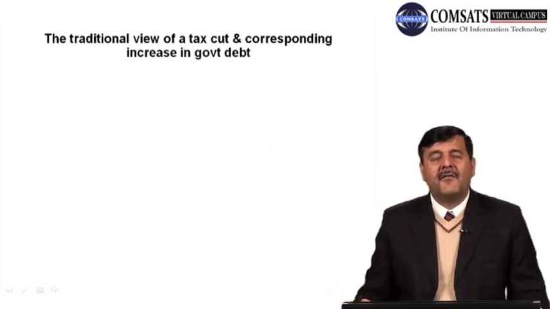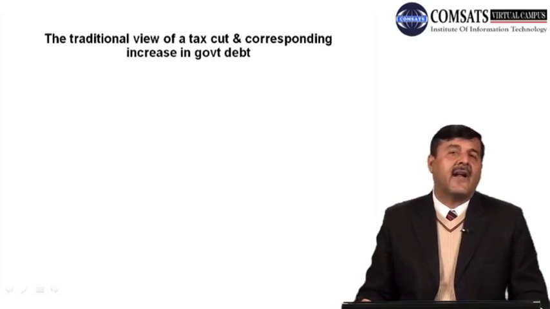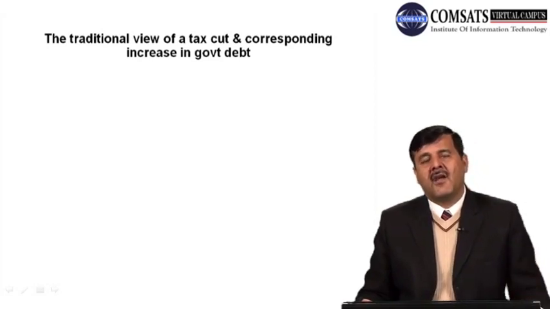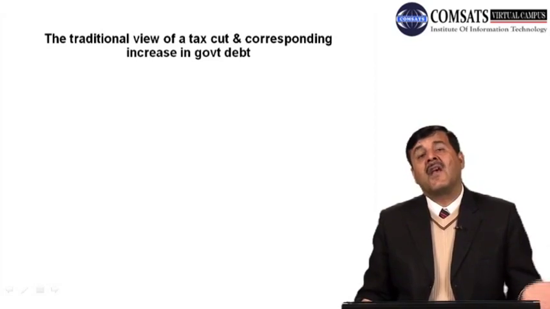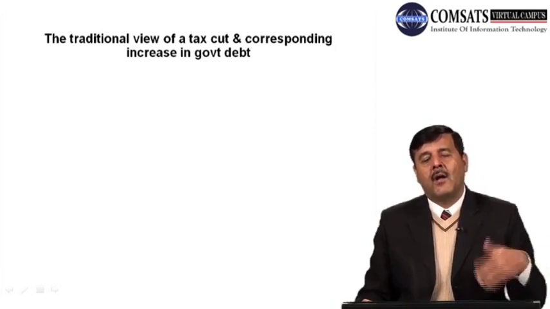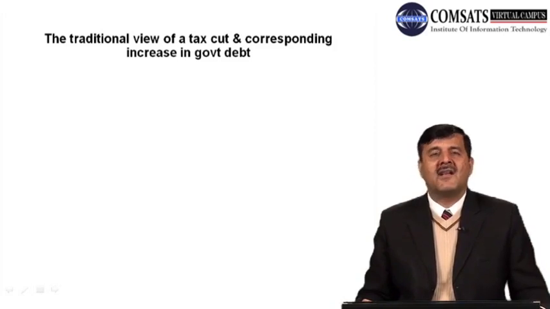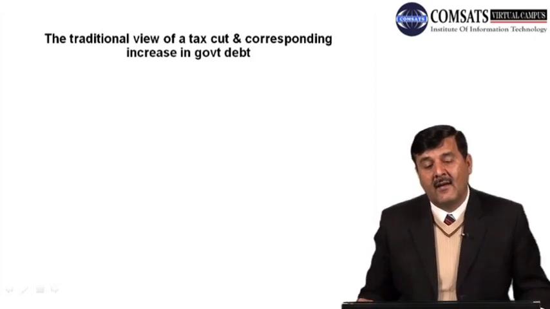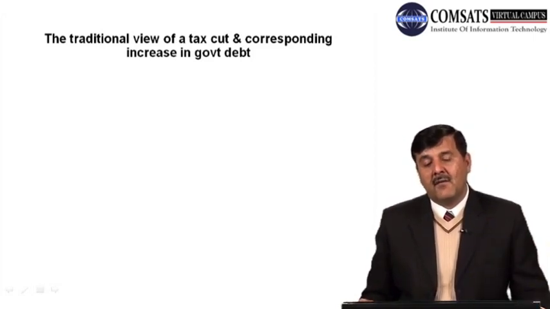The traditional view of a tax cut and a corresponding increase in government debt. So when there is a tax cut in the economy, what happens is that revenue decreases, and on the other side expenditure increases. When revenue decreases and expenditure increases, government debt starts increasing. Now what is the traditional view?